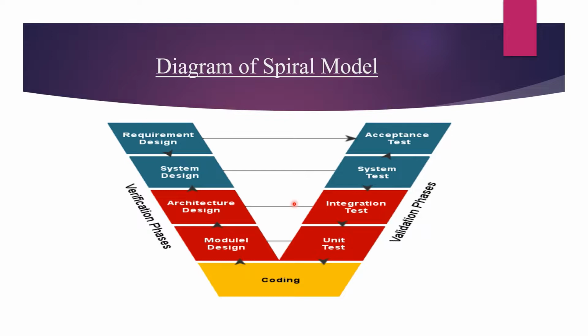After the architectural design, the module design is done, which corresponds to unit testing, in which each test case is tested on the parallel side of developing the application. After the module design, the coding team performs its task to build the application or the site. And after developing it, the whole testing is done once again by the testing team or the quality assurance team.